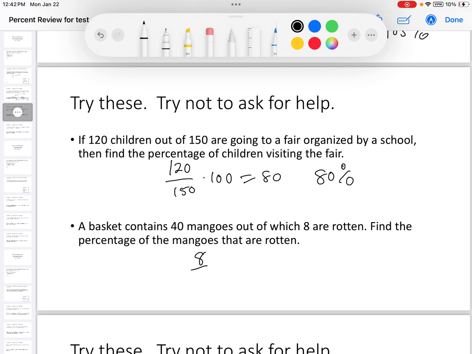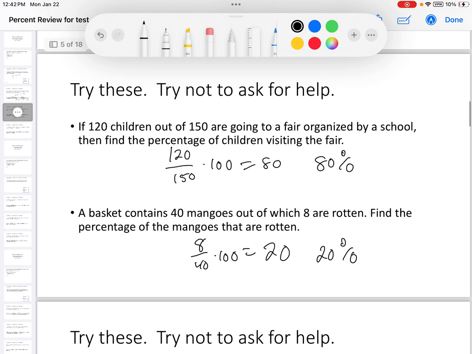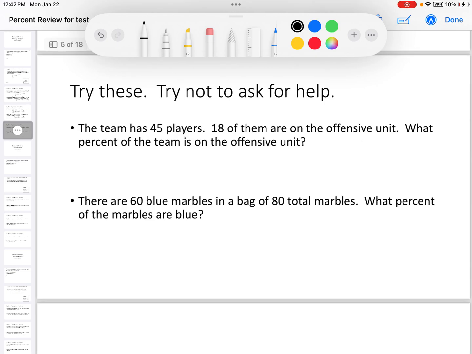That is 8 out of 40 times 100. 8 divided by 40 times 100 is 20, so that is 20%. 18 players on the offensive unit, 45 total players, 18 out of 45 times 100. 18 divided by 45 times 100 is 40%.